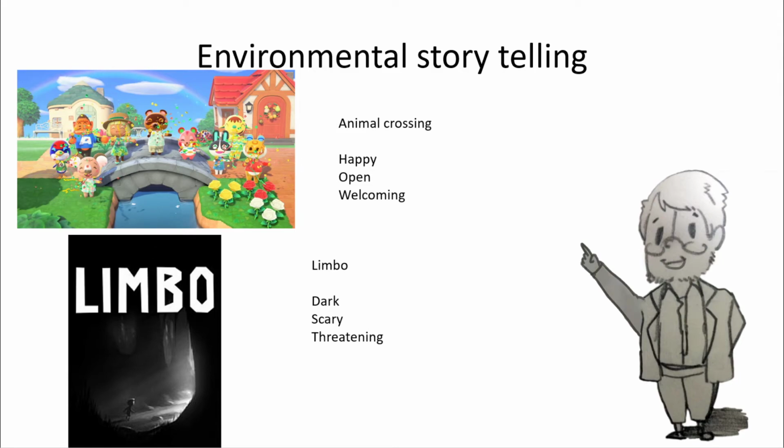You help to give them signposts to say, hey, you should be feeling this, or you should be feeling this. And the environment tells a story. So you should stop and think, what type of story am I attempting to tell with this environment?